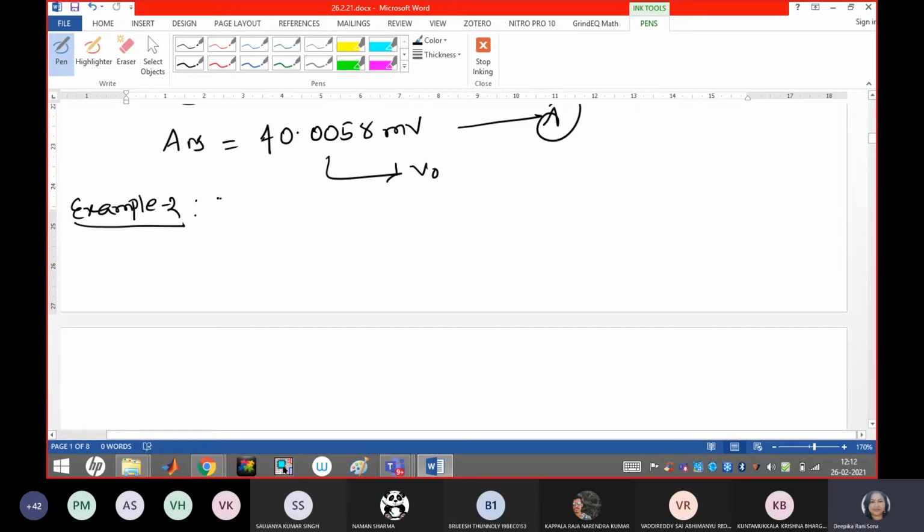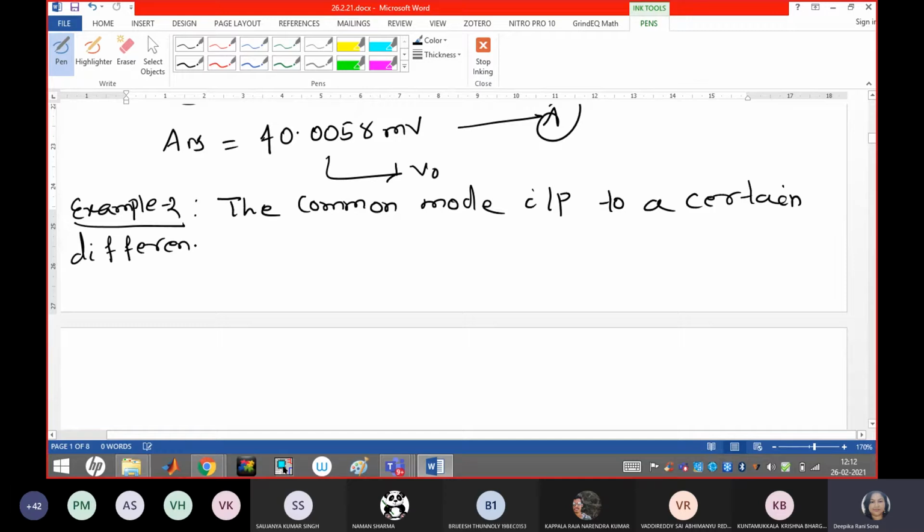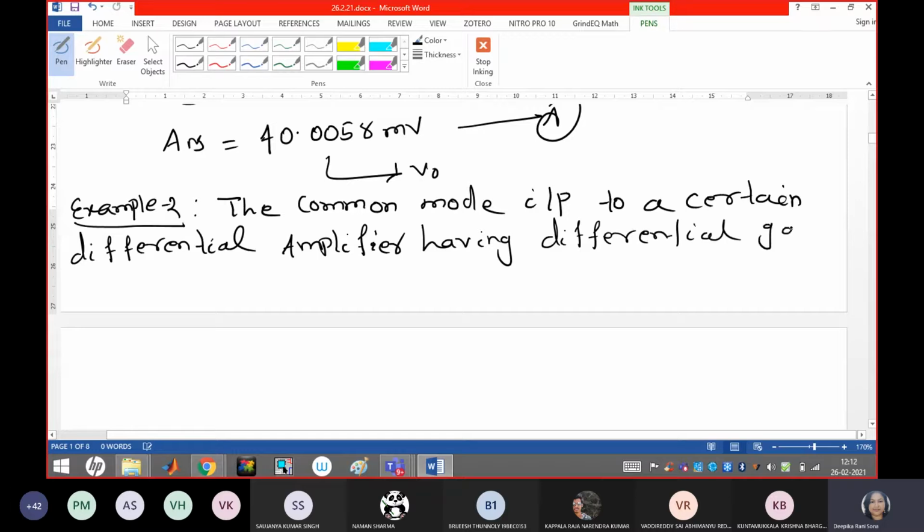The common mode input to a certain differential amplifier having differential gain of 125 is 4 sin 200 pi t volt.